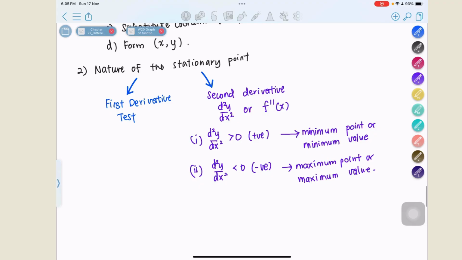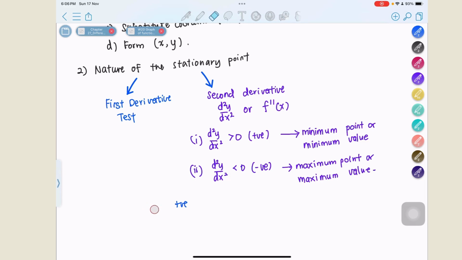You will come across cases where you have two stationary points. Two stationary points may give you positive value and positive value, or negative value and negative value.